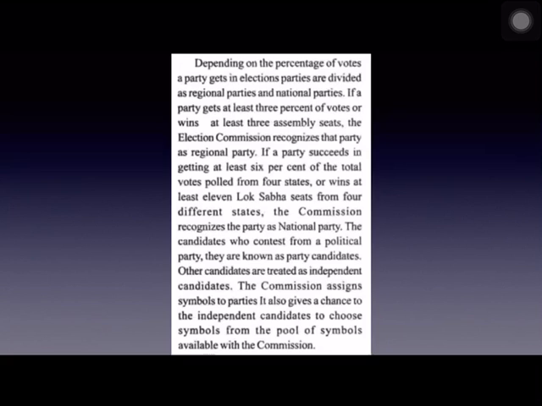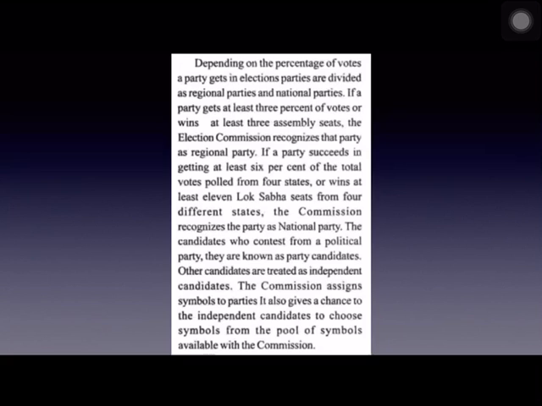Now, types of political parties. Depending on the percentage of votes a party gets in elections, parties are divided into two types: regional parties and national parties. What are regional parties?